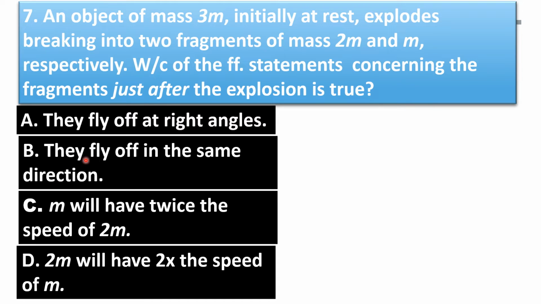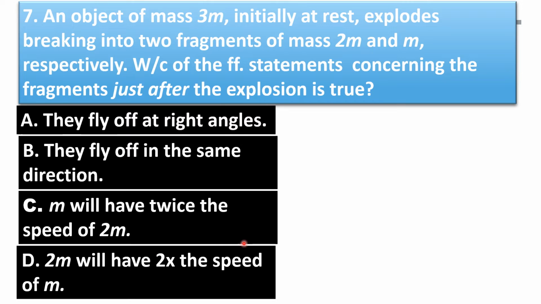Letter B, they fly off in the same direction. Letter C, the mass m will have twice the speed of 2m. And letter D, 2m will have 2 times the speed of m. So C and D are quite the reverse of each other.